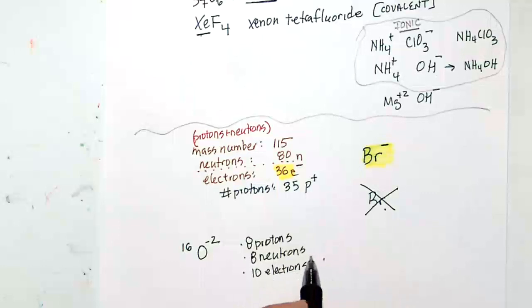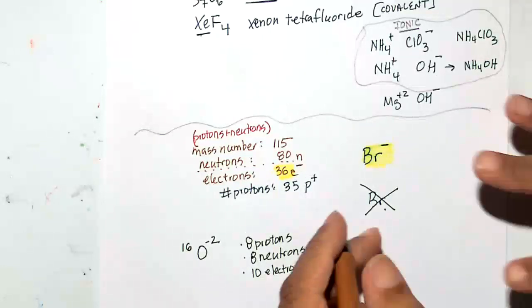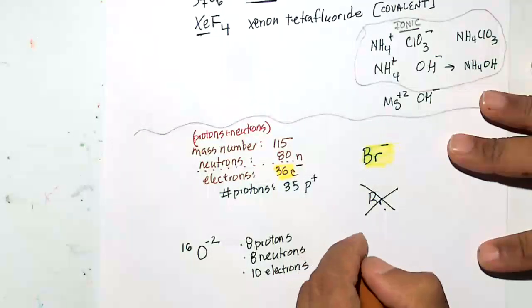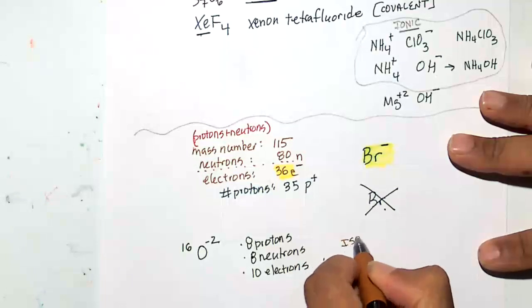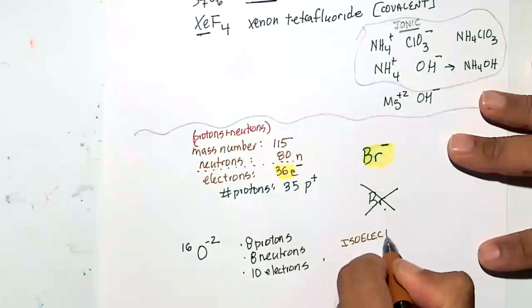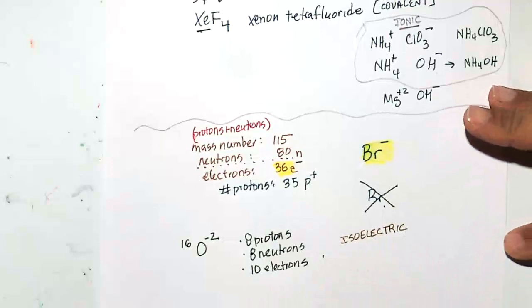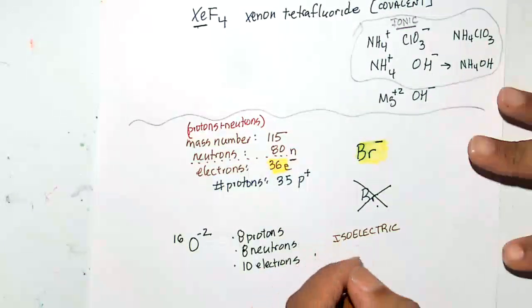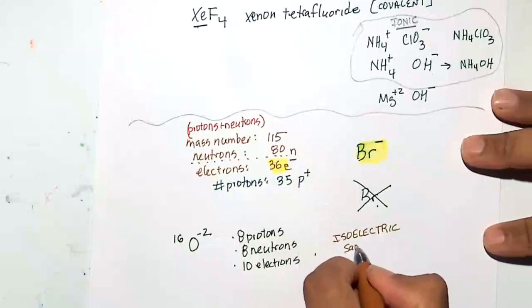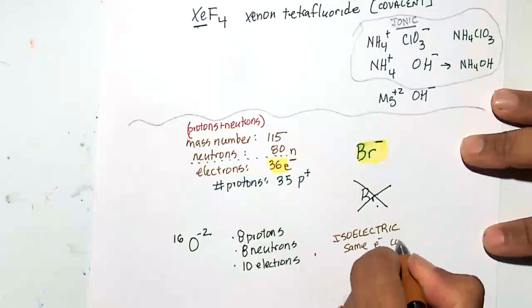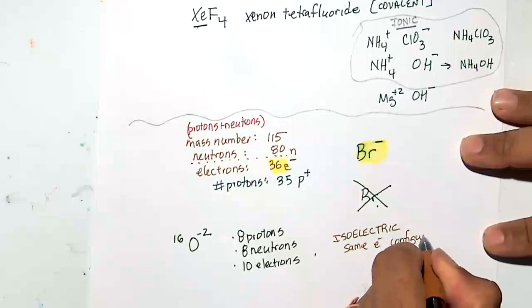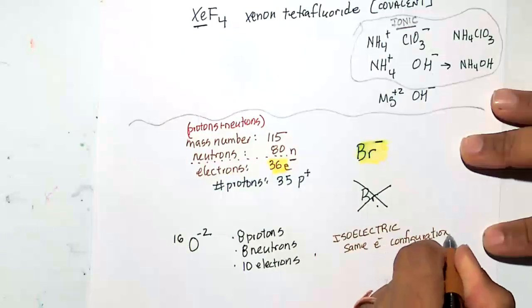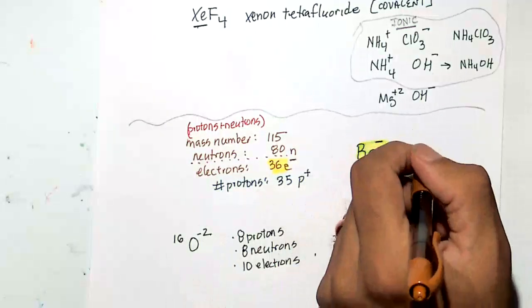What element in the periodic table is this isoelectronic with? Isoelectronic. Neon, okay? What does isoelectronic mean? Same number of electrons, actually same electron configuration. What about bromine?